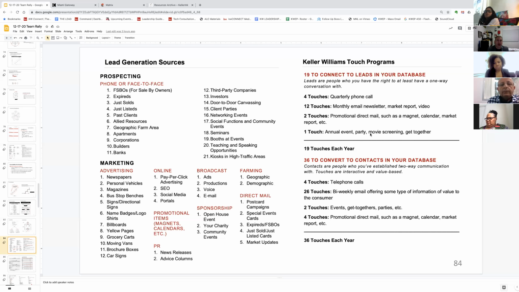They're literally adding these together and doing a phone call a month. You only ask for business 4 of them. Do the neighborhood nurture. Having a magnet, calendar, market report. Having an annual event, but you also touch them up to the event and after the event to generate leads. So much fun.